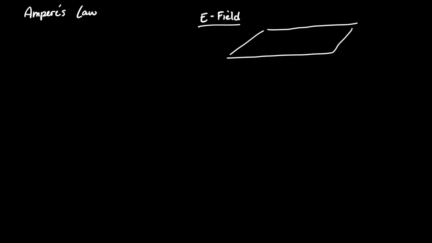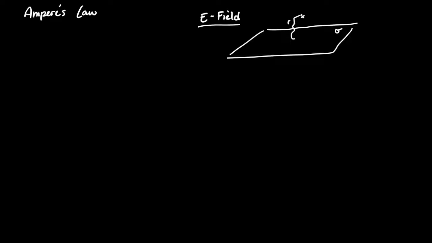So if I have an infinite sheet of charge and I am some distance r away from its surface, assuming the sheet has a charge sigma, you should know what the size of the electric field is, a distance r away. And it should be within your knowledge that it doesn't matter how far away I am, that the electric field near an infinite sheet of charge is uniform and not dependent on how far I am.